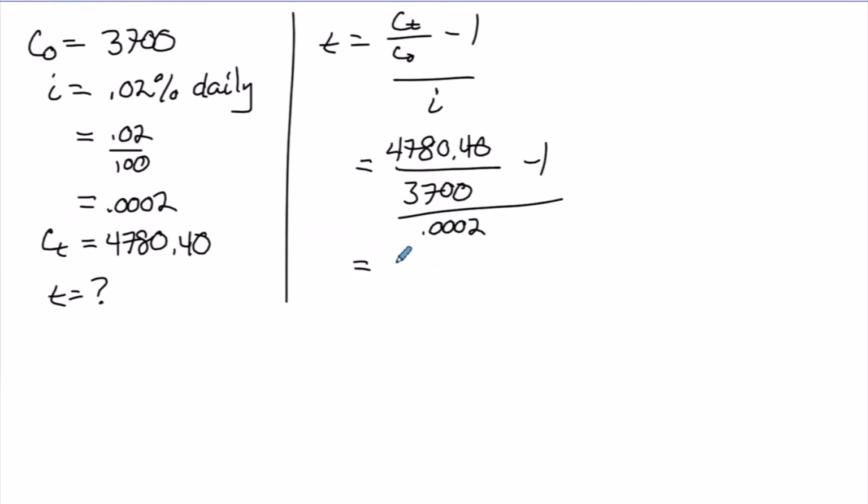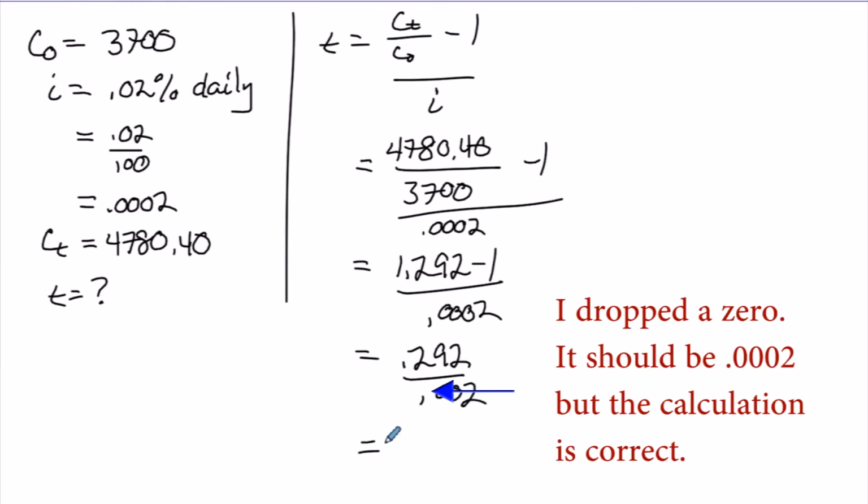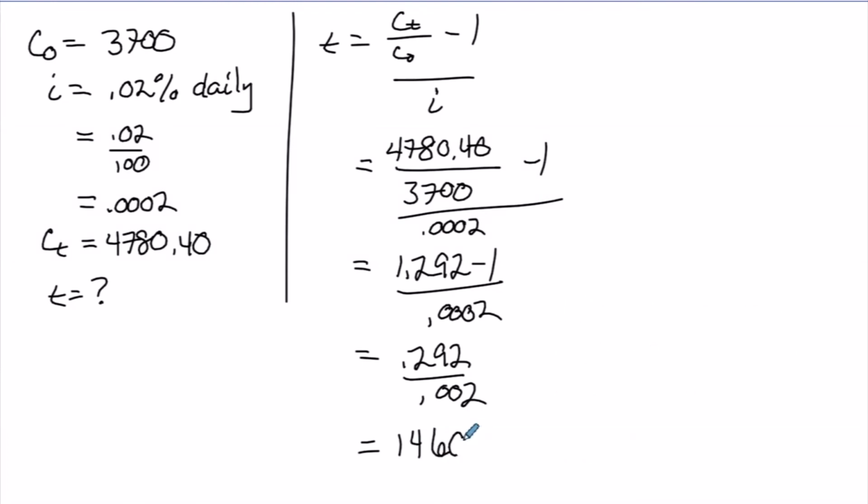That should give me 1.292 minus 1, all divided by 0.0002, which is 0.292 divided by 0.0002, which gives 1,460 days. Okay, so that was number 20.